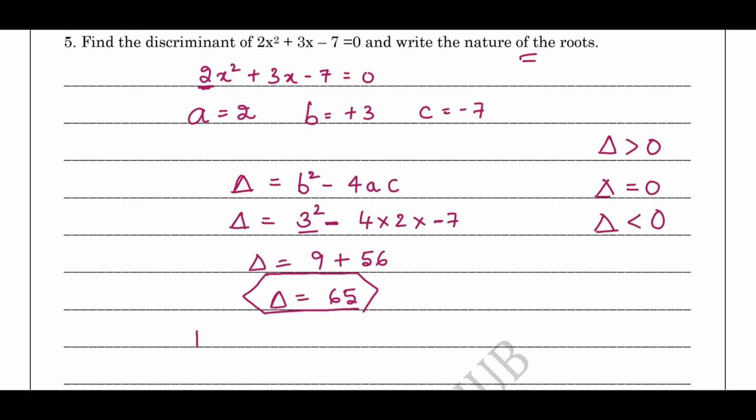Therefore, we can say that since delta is 65, which is greater than 0, the roots are real and distinct. If you get any negative number, that means it is less than 0 and the roots are imaginary. If it is equal to 0, the roots will be equal.